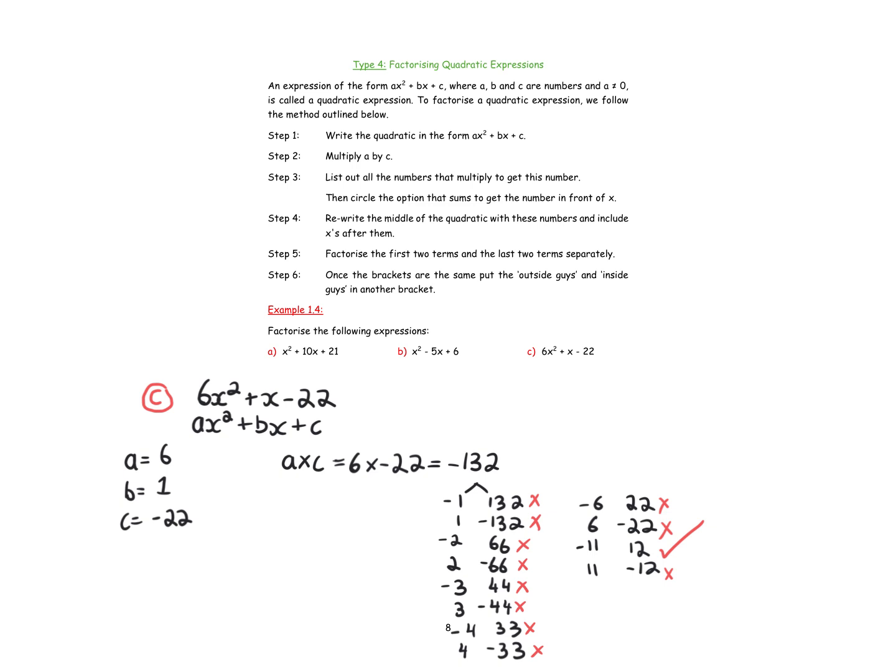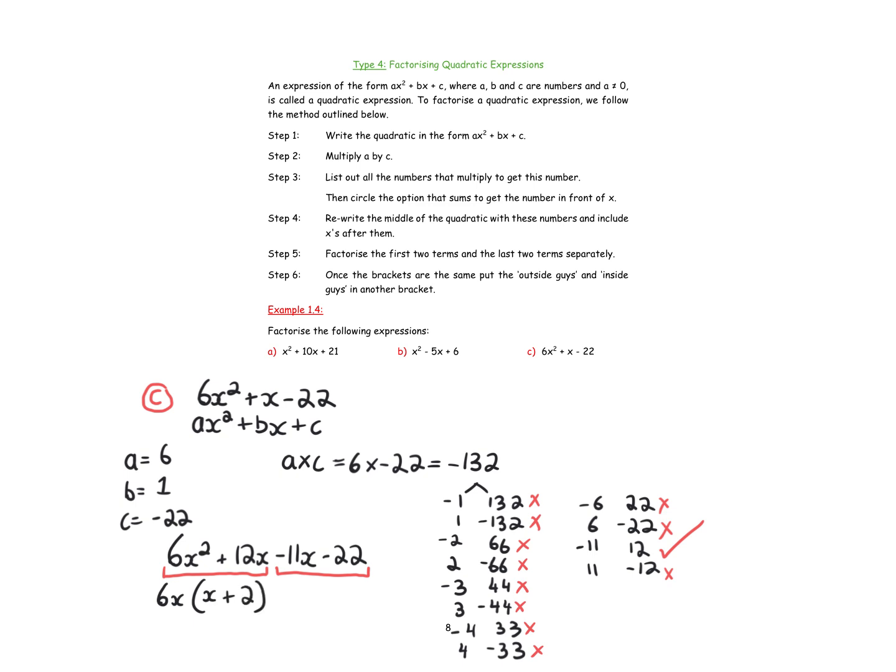So we can rewrite the quadratic as 6x squared plus 12x minus 11x minus 22. Now we underline the first two terms, or group the first two terms, and also group the second two terms. We say to ourselves, what can we divide out of 6x squared and 12x? Well, we can divide 6x out of those, and we'll be left with x plus 2.